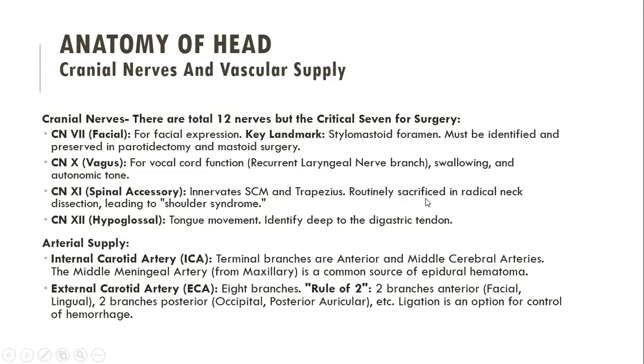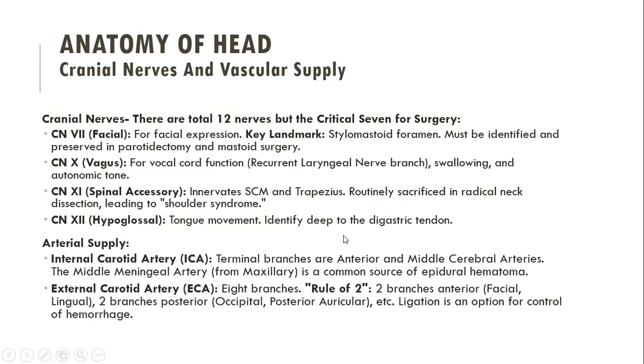It is a nerve that is routinely sacrificed in radical neck dissection, leading to shoulder syndrome. Another important nerve is the hypoglossal nerve, cranial nerve 12, and it innervates the tongue muscles and causes tongue movement. So you must be identifying this hypoglossal nerve when you are dissecting the digastric tendon.